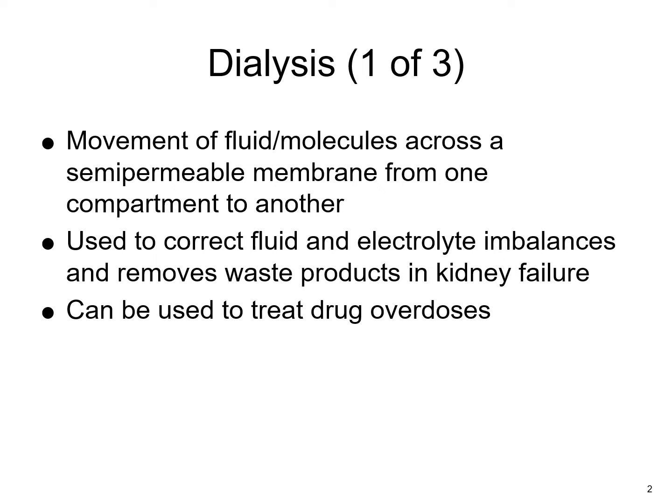Patients can also be dialyzed when they have drug overdoses as an emergency. And obviously for drug overdoses, you don't have time to do a fistula or even an AV graft. So for sure, for those types of things, they're going to be putting in a catheter. So they'll be using either your internal jugular vein or even your femoral vein in order to gain access.